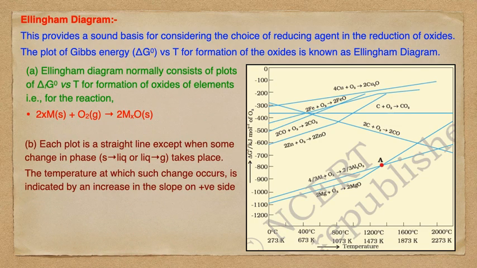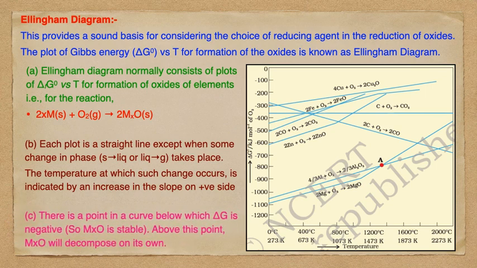Each plot is a straight line except when some change in phase, that is solid to liquid or liquid to gas, takes place. The temperature at which such a change occurs is indicated by an increase in the slope on the positive side. There is a point in a curve below which delta G is negative, so MxO is stable. Above this point, the metal oxide MxO will decompose on its own.